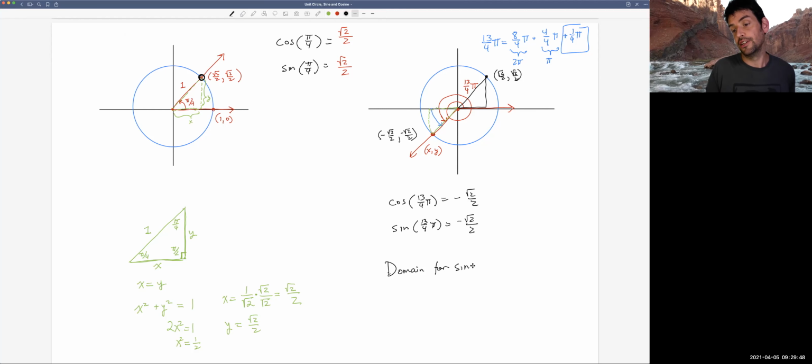for sine and cosine, remember that is all the input values that are available, right? What kinds of numbers can I put in? What kinds of angles can I put in? The domain for sine and cosine is all real numbers. That's what this symbol means. All real numbers, right?